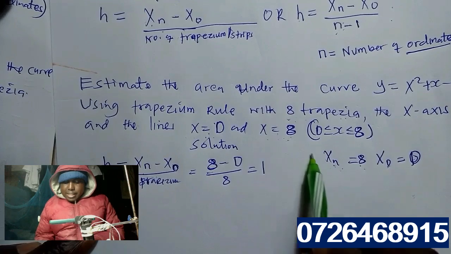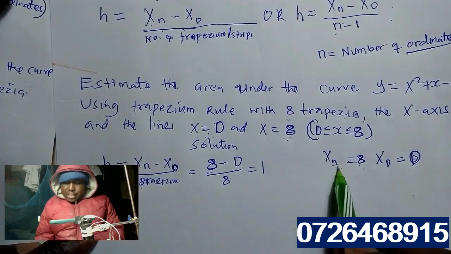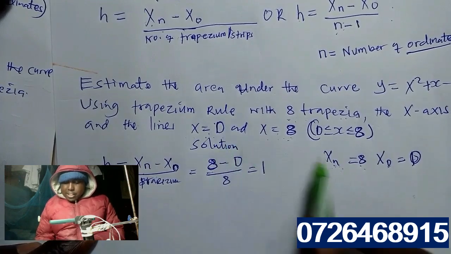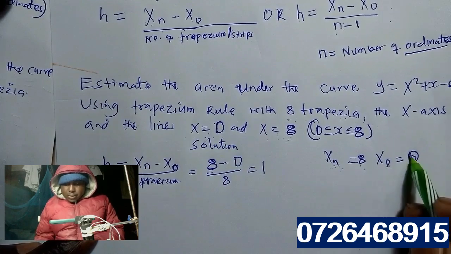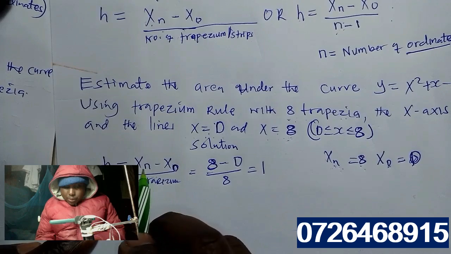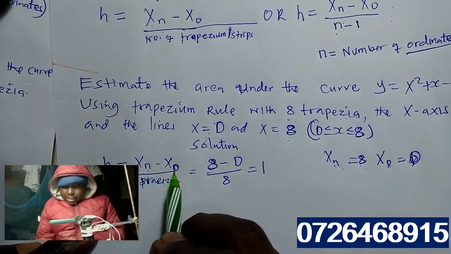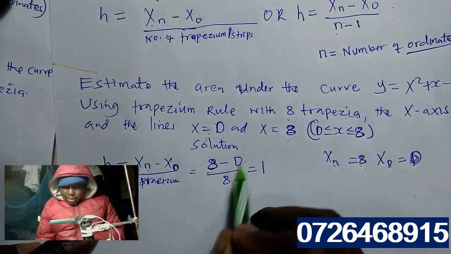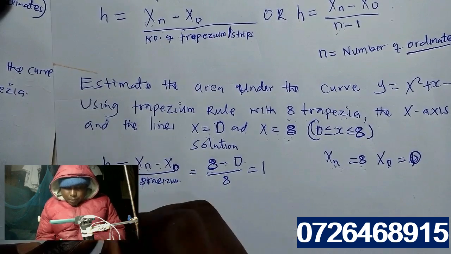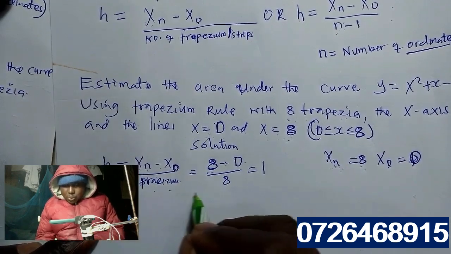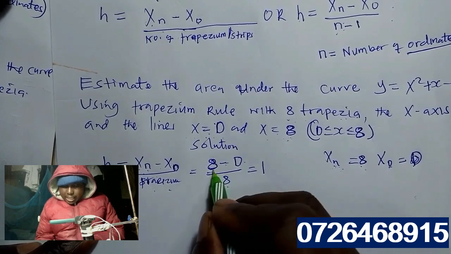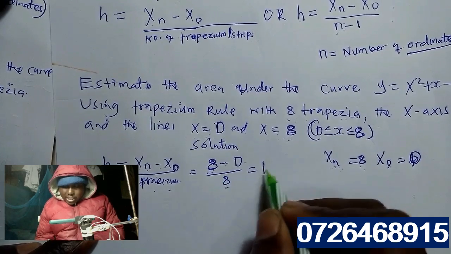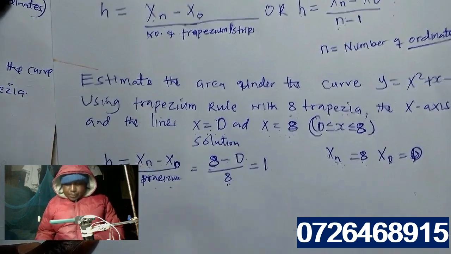The last number in the range is xn. The first number in the range is x naught. So we substitute: xn minus x naught is 8 minus 0, divided by the number of trapezia, which is 8. And 8 divided by 8 is 1. So our h is equal to 1.